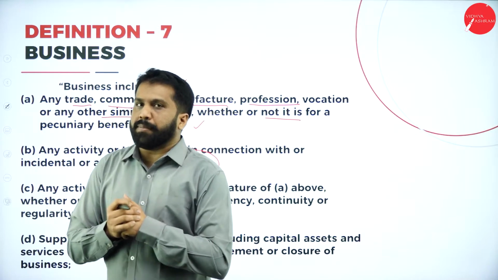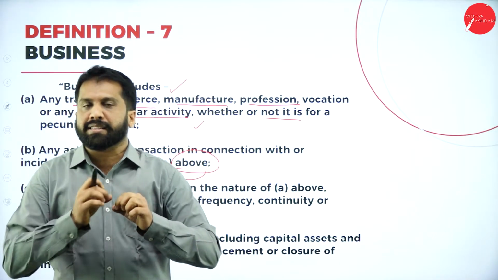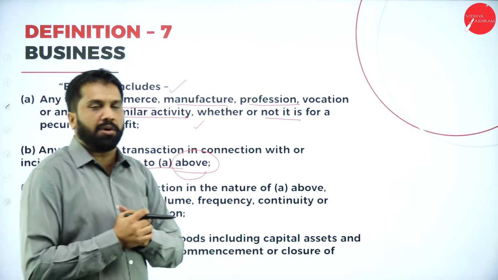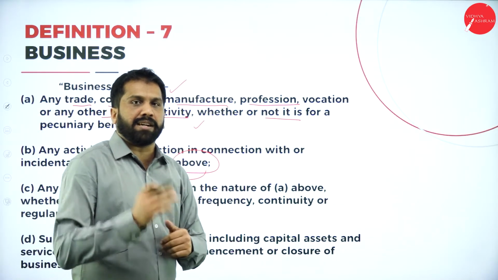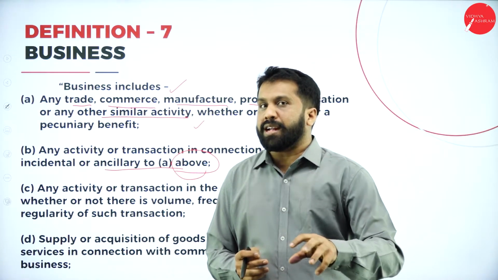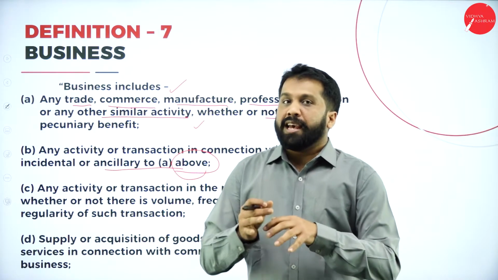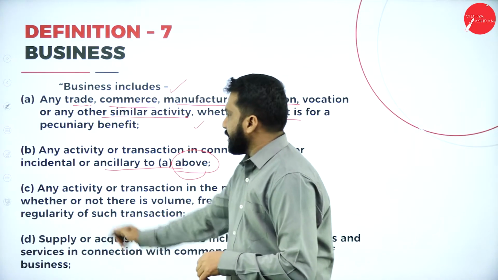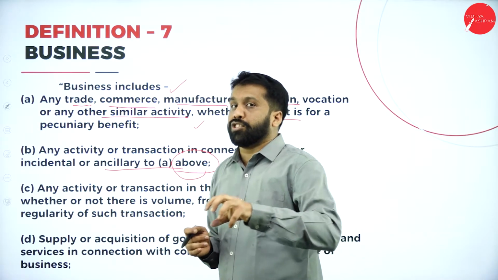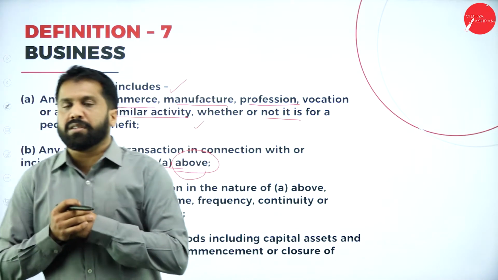If you buy a car, they will mention that you bought a Fiat car. If you buy Honda vehicles, they will say that you bought a Honda car. They never mention that you got MRF tires, because MRF tires are called incidental or auxiliary, means they are the job worker to the cars.